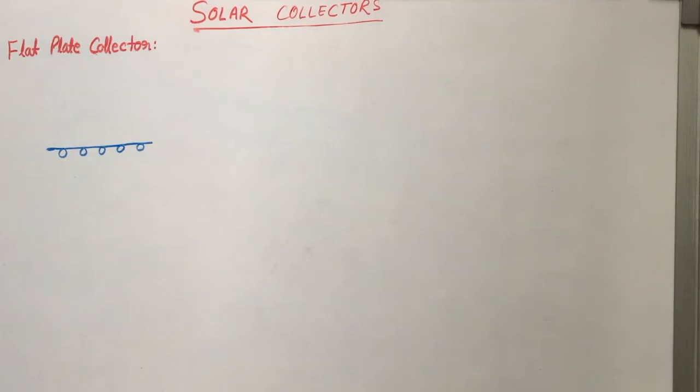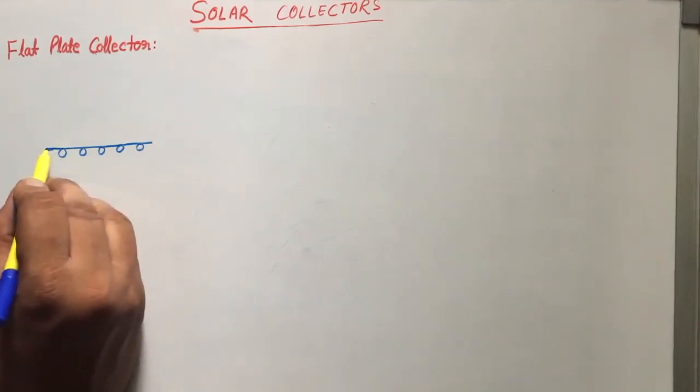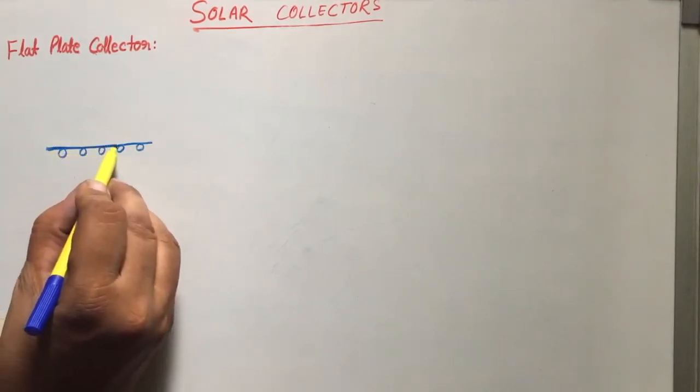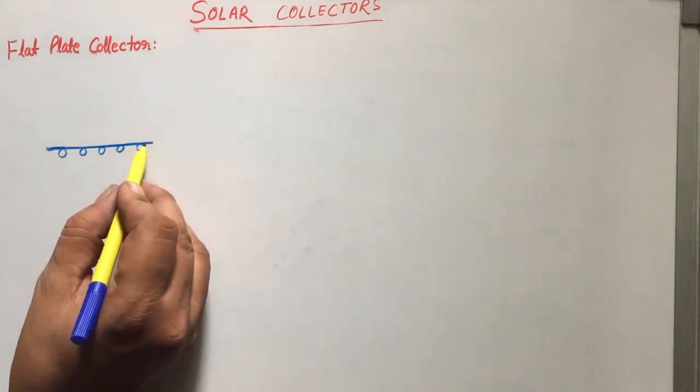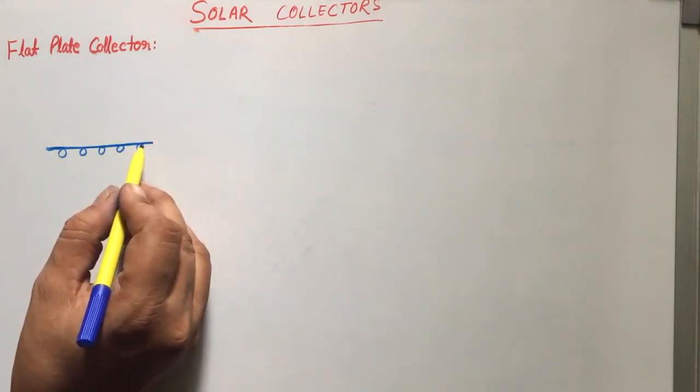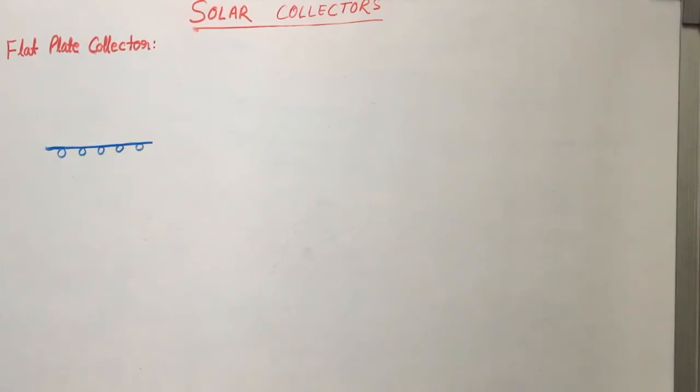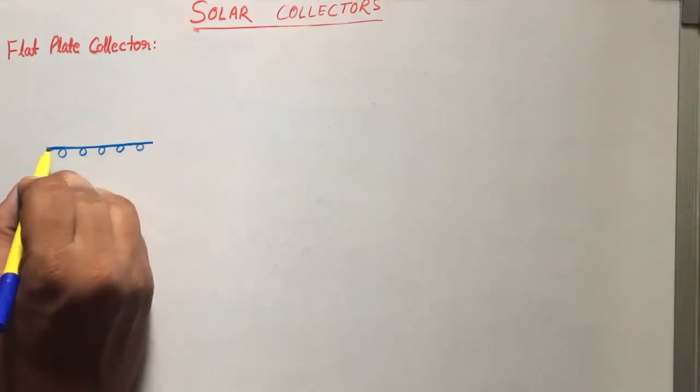However, to improve the performance, there are some modifications. The first one is, if the absorber becomes black, then it will absorb the maximum radiations. As we know, the tendency of black to absorb radiations is the highest. So we will make this collector surface black.